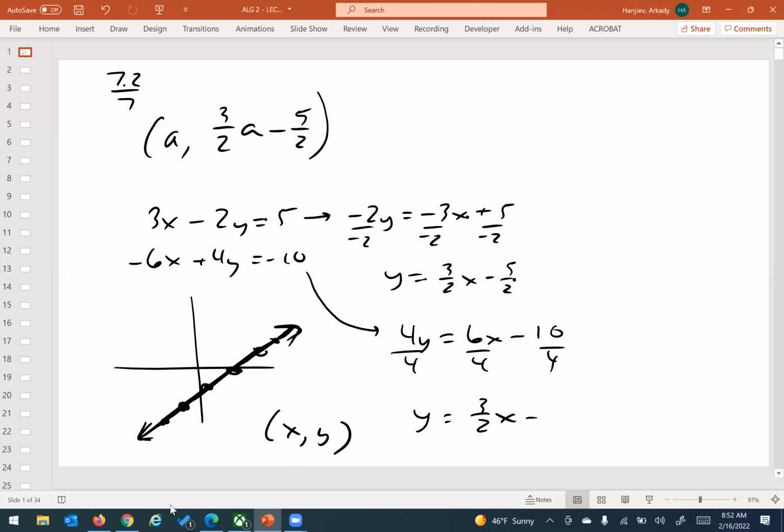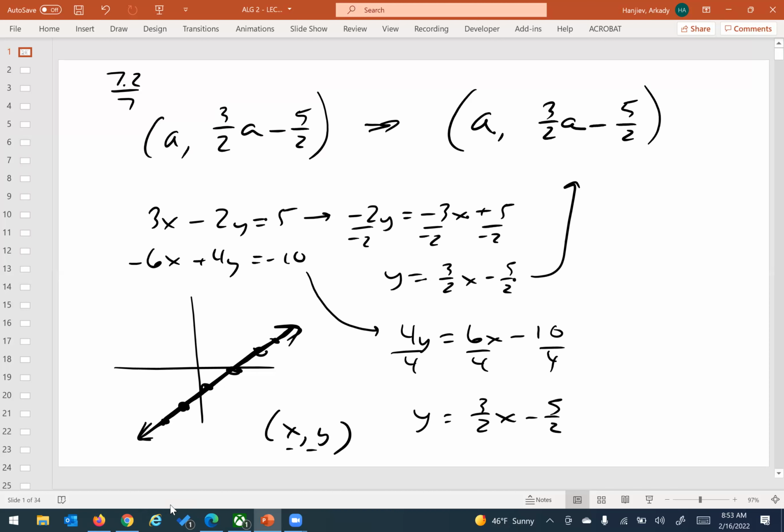So now the question is, what is your solution set? What are your x's and y's that make that true? Well, your solution set is any a value that you ever want to put in for x, but the y value is going to be that right there. If a is our input value, then our y value would be that right there.